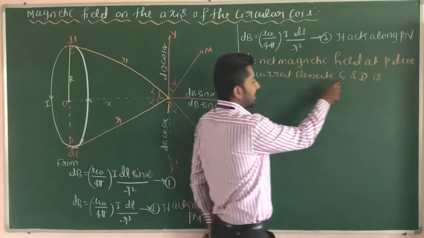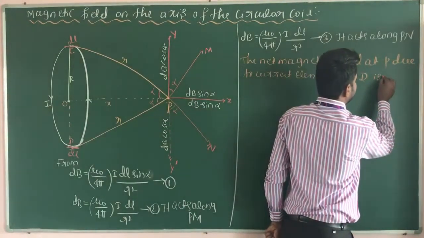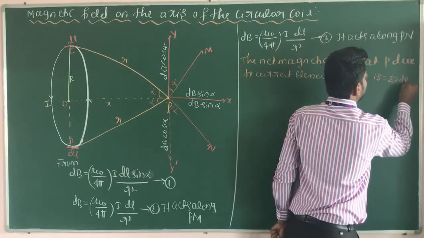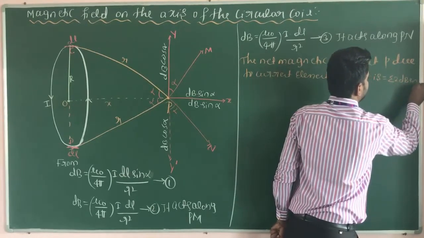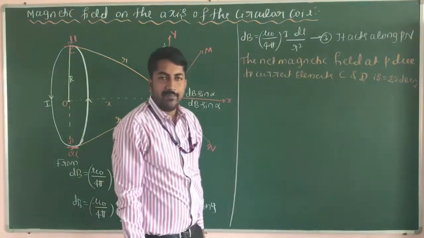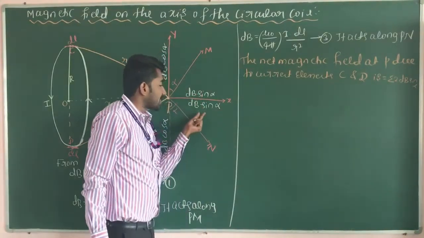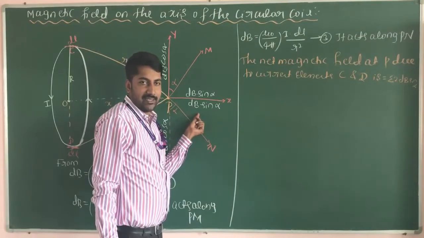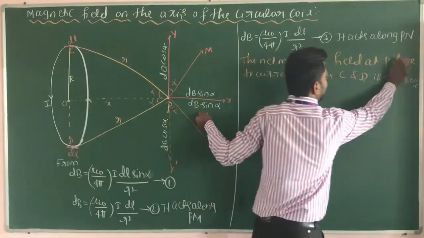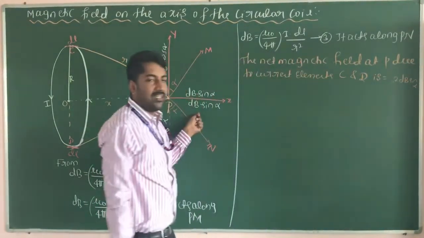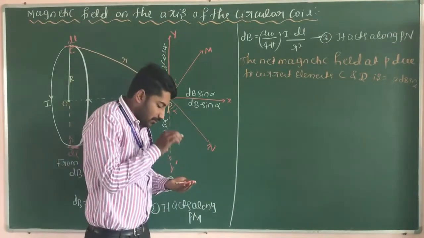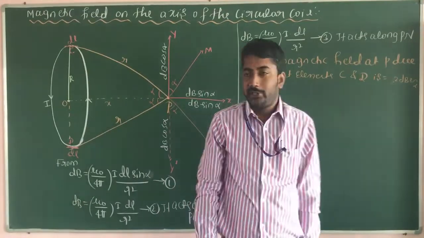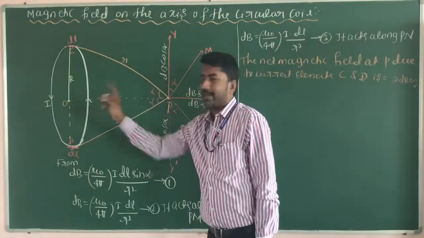We get the sum of 2 dB sin alpha, or directly we can write this as 2 dB sin alpha. Now, what is the resultant magnetic field due to this circular coil?